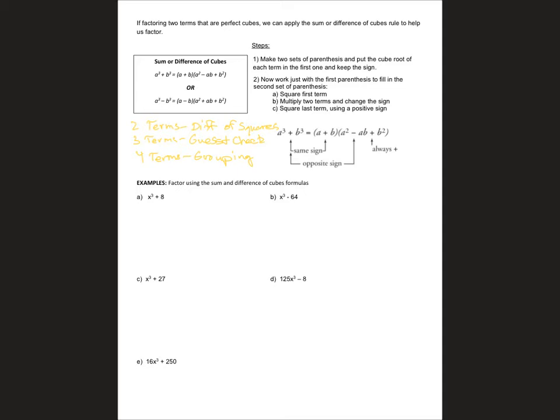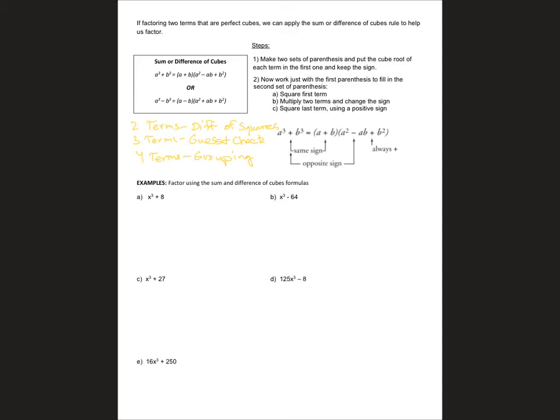Well, now with this class, we're going to add something else inside of that two-term box, okay? So what happens if the two terms happen to be perfect cubes? If the two terms happen to be perfect cubes to begin with, we would use this rule, okay? And the rule is this. I wouldn't get so caught up with memorizing all of that.